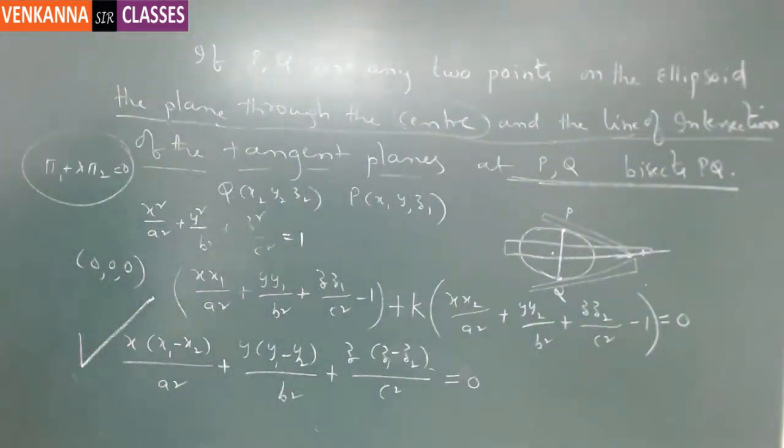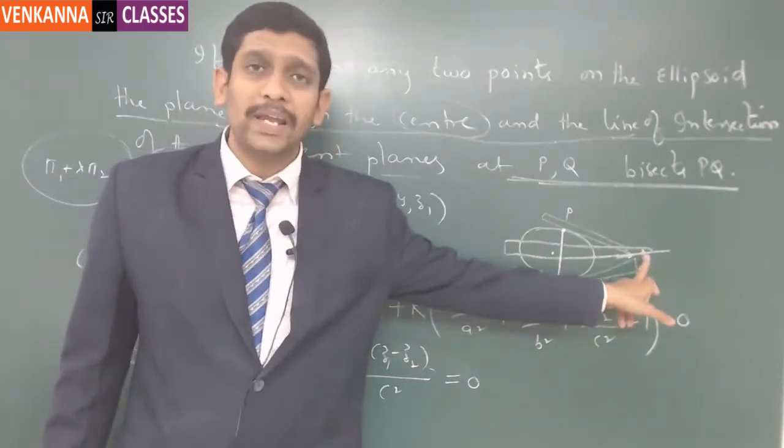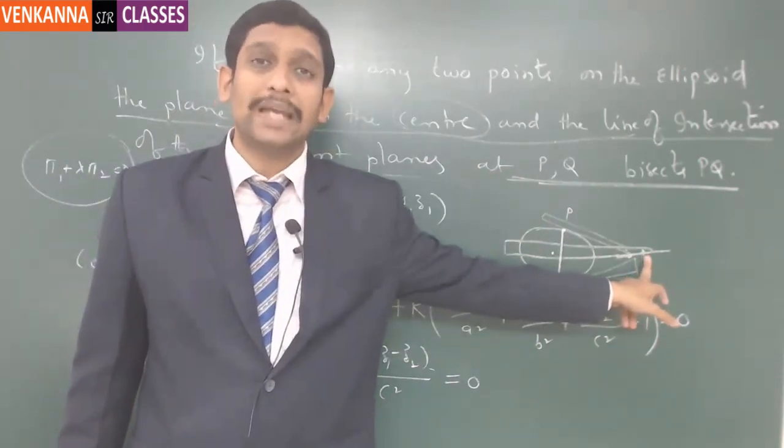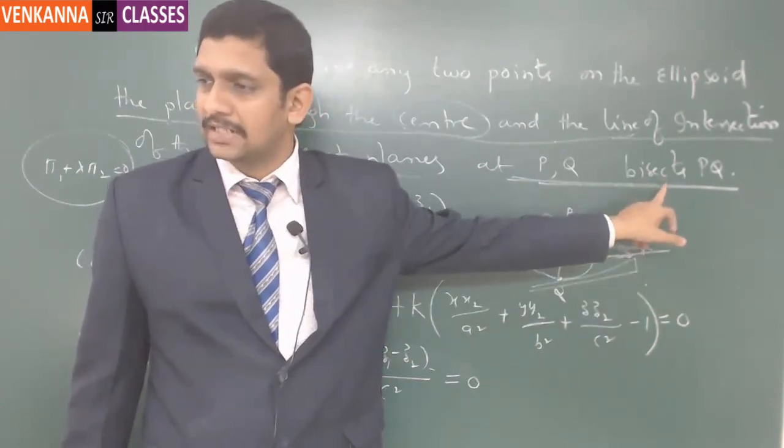Okay? Are you getting the thought? Yes or no? Fine. So I am saying that our question tag is that the new plane you have calculated is bisecting PQ. That is our task. Agreed?